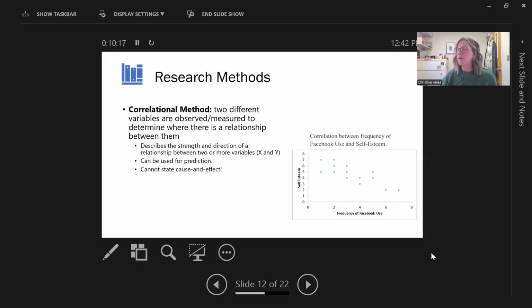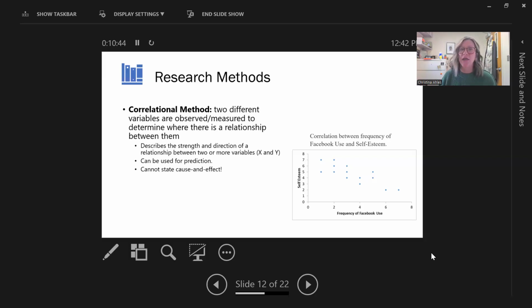We have to be very, very careful because correlational research cannot state cause and effect. We cannot state that using Facebook causes a decrease in self-esteem because there are lots of things that could be related to self-esteem. Yes, there could be a relationship between Facebook use and self-esteem, but we're not controlling for all the other possible things that are impacting self-esteem.